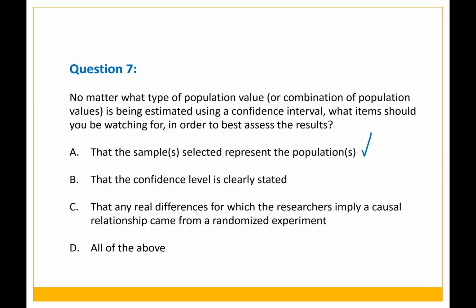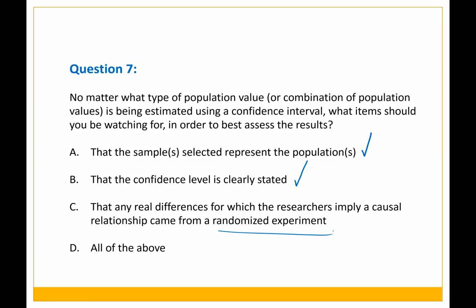B. That the confidence level is clearly stated. And that is also true when you need to identify a confidence interval for the population value. C. That any real differences for which the researchers imply a causal relationship came from a randomized experiment.